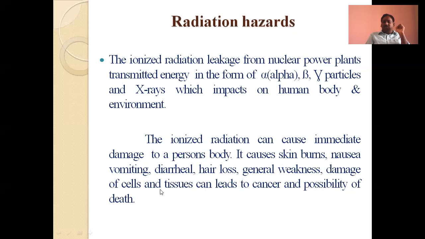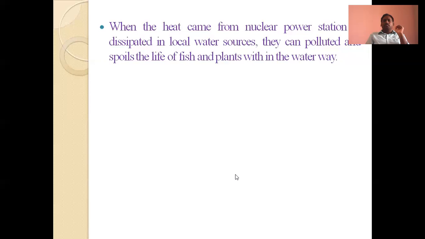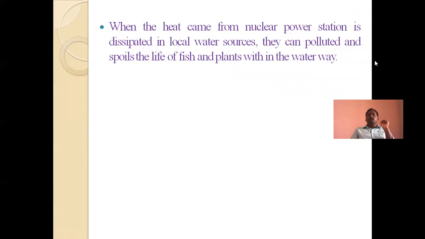Finally, damage of cells and tissues can lead to cancer and possibility of death. These are the hazardous effects on the human body. And coming to the aquatic environment, when the heat from the nuclear power station is dissipated in local water sources, it can pollute them and spoil the life of fish, aquatic elements, and plants in the waterway.